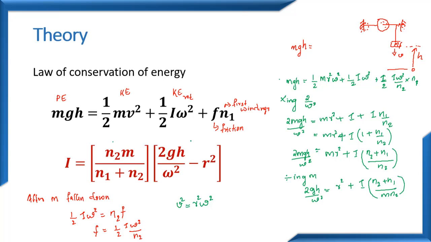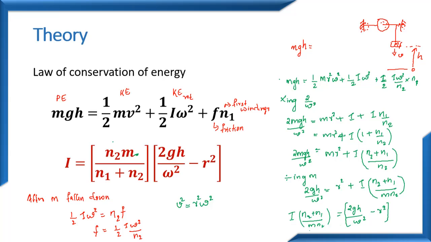Now try to write an equation for I. So let's bring this r square to the other side. I'm just inverting my equation. I into N2 plus N1 divided by m N2 is equal to 2gh divided by omega square minus r square.